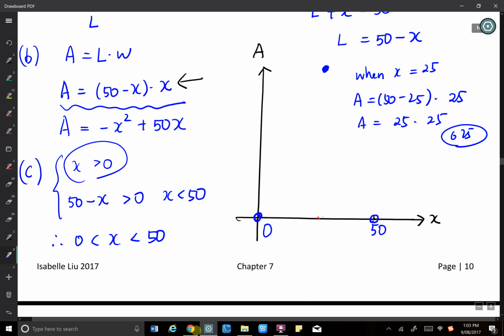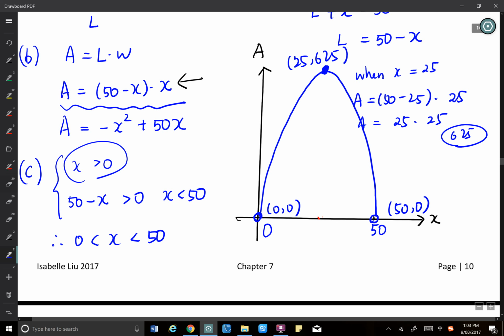So the shape of the graph is like that. You label that point as (25, 625). That is an open circle at (50, 0) and an open circle at (0, 0).